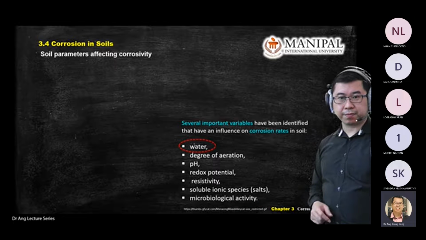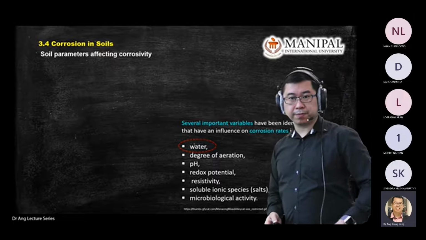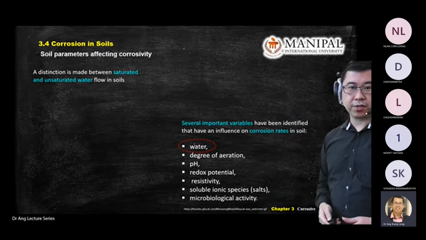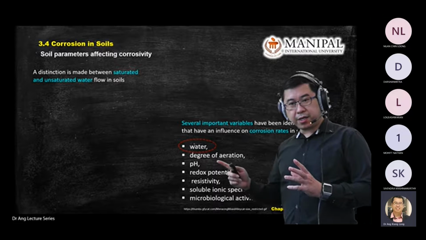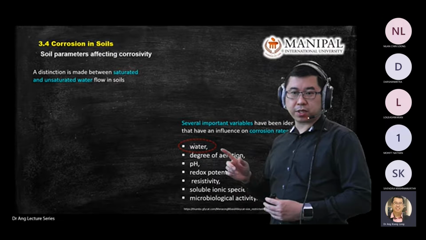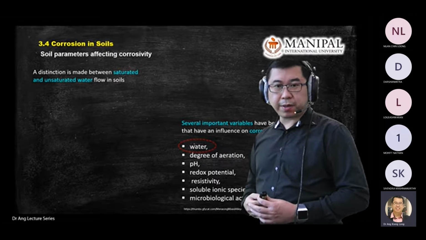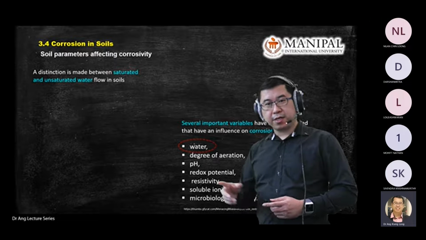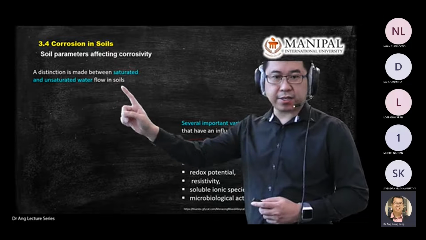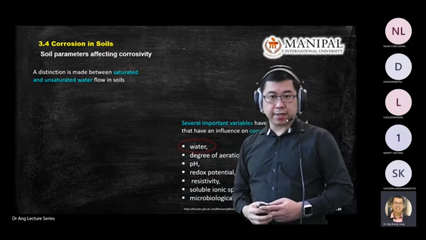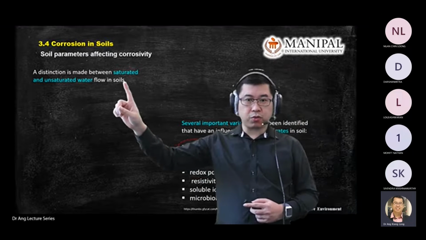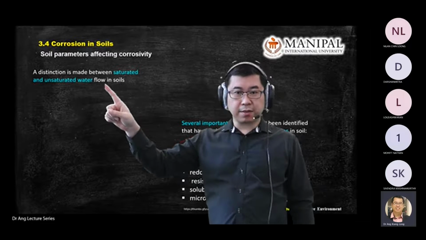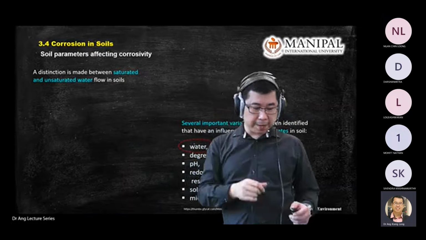First, we look at water. What can water contribute to the corrosion rates? Under the water parameter, there are 2 types of water, saturated and unsaturated water. I'm not going deep into what saturated and unsaturated water are; you learn this in your thermodynamics.